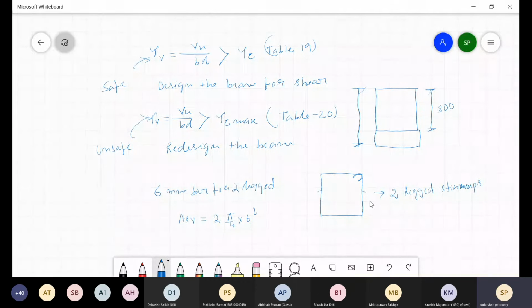So if I am providing a two-legged stirrup, the area is 2 into pi by 4 into the diameter of the bar squared. If I am providing a three-legged stirrup, then you multiply by 3: 3 into pi by 4 into the diameter squared. In general, we provide two-legged stirrups. Up to this much clear? Yes, sir.